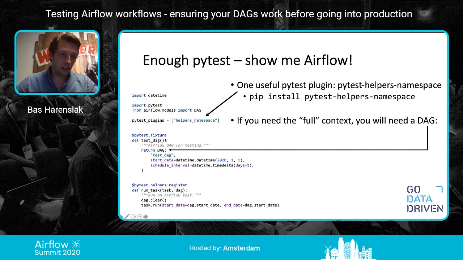What this does is it takes one task and one DAG, and it runs the task. So we defined a DAG fixture here, and I'll show you some examples of why we need this DAG. And then we can use this run task thing to run it, so you don't have to redefine how to execute a task every single time in your test.